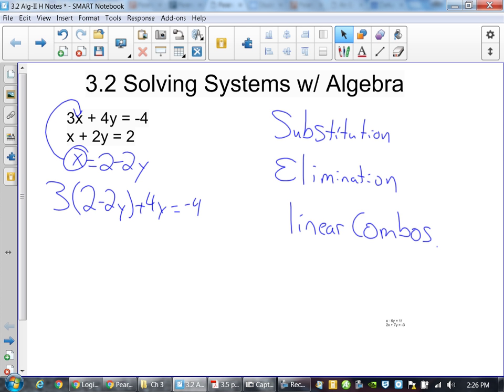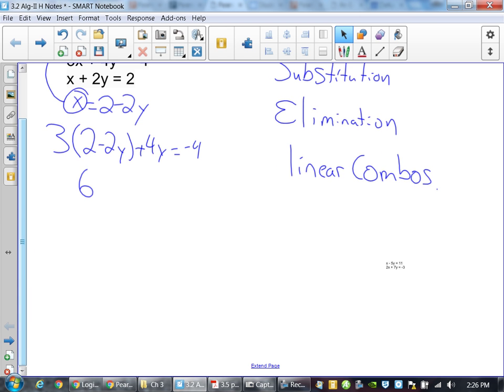Now I'm at a multi-step equation. Distribute and solve. We have 6 minus 6y plus 4y is negative 4. Combine like terms, move the 6, I get negative 2y is negative 10. y is 5.